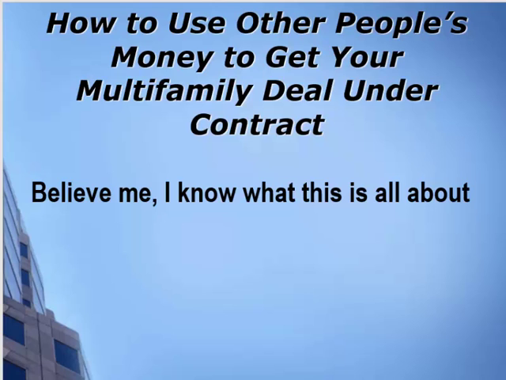And then I have students who are like, geez, Charlie, I got this great deal, but I need $30,000 for the earnest money. And I realize, crap, what do I do here? I know what it's like to be in that position, and I remember how I solved the problem. How can I solve this problem for my students so that they don't have this as an objection?